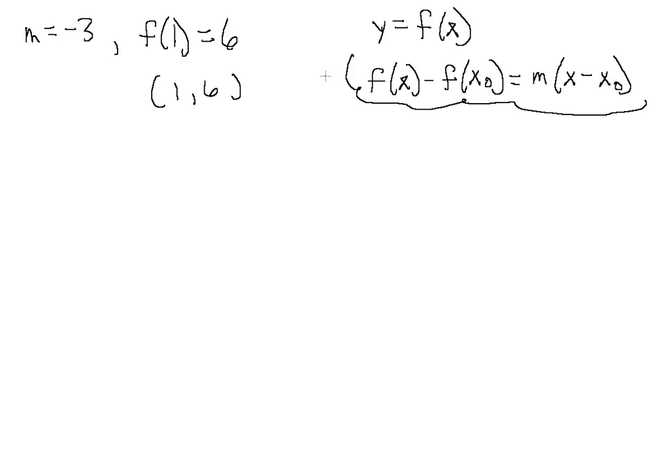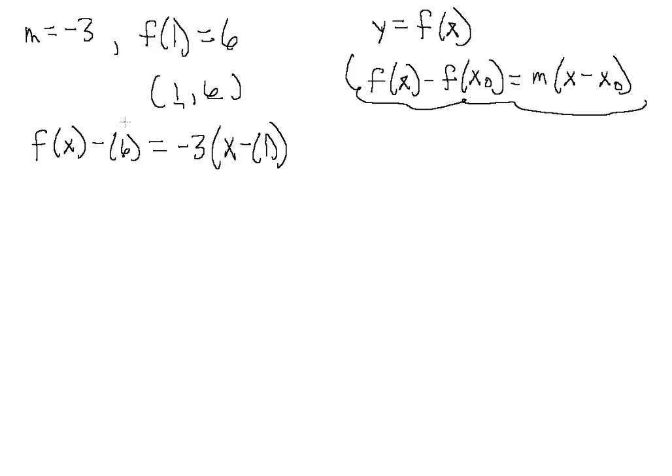So let's go ahead and put these into our point-slope form. So we have f of x minus f of x naught, which is 6, equals our slope, which is minus 3, times x minus x naught, which is just 1.